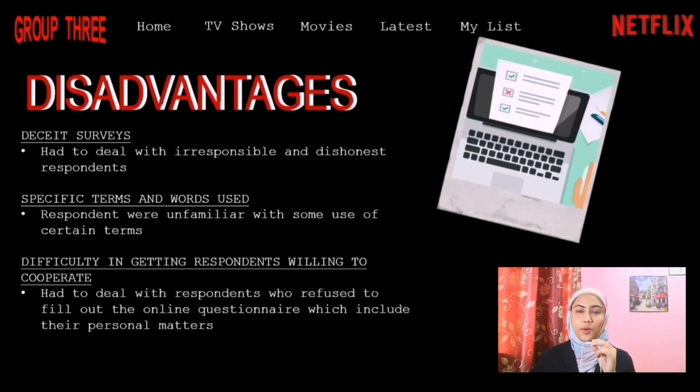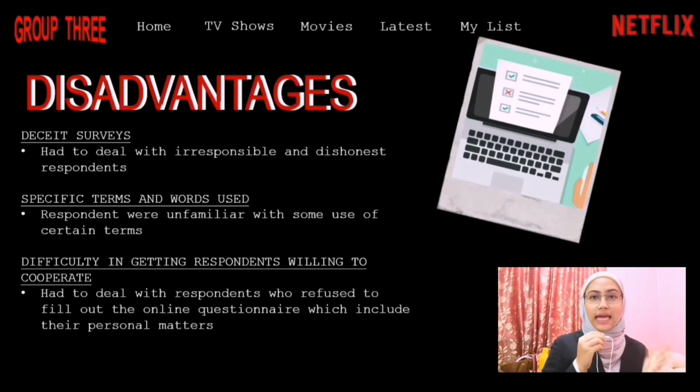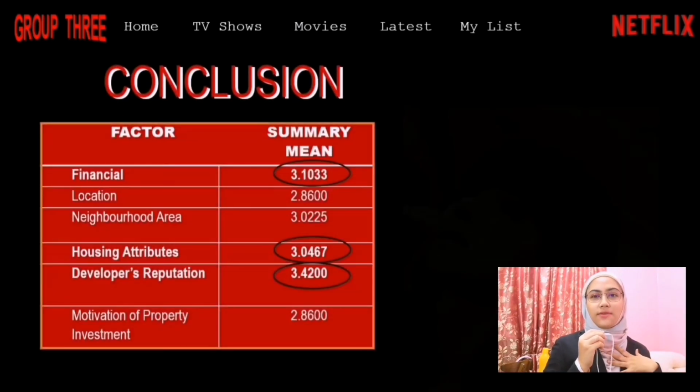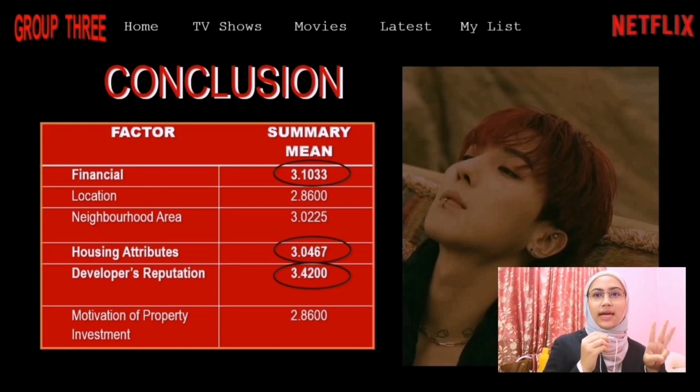Other than that, respondents might have a bad impression of us, since some thought that we might misuse their details. To conclude, this is the main reason why it is so hard to reach the target number of respondents in a certain duration, because they worry that the details they provide will be used for matters related to fraud.